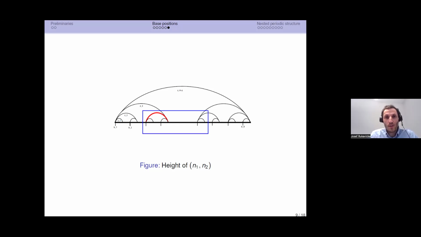Because the palindromes have some structure like a binary tree. If you consider these palindromes like inner nodes of the binary tree, then for 3 consecutive inner nodes on the same height, on the same level, there is also an inner node which is higher in the binary tree.